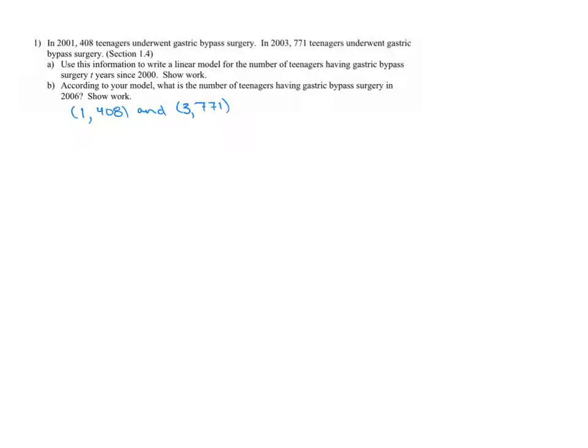So if we plug into our slope formula, which is y2 minus y1 over x2 minus x1, we get 771 minus 408 over 3 minus 1.